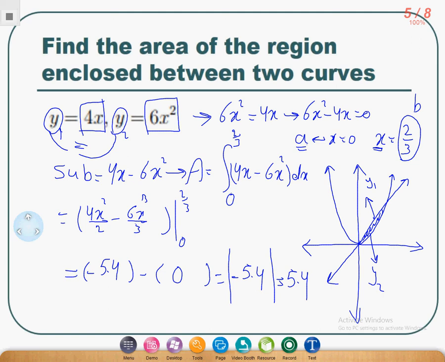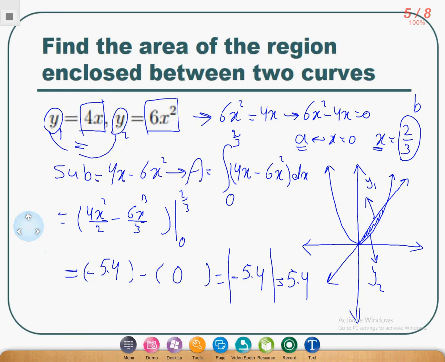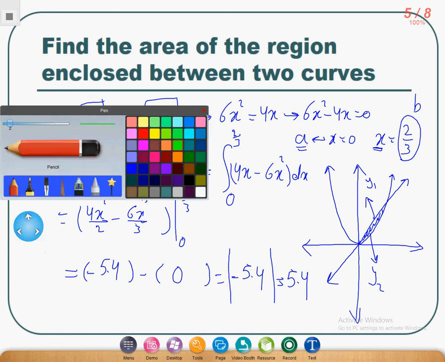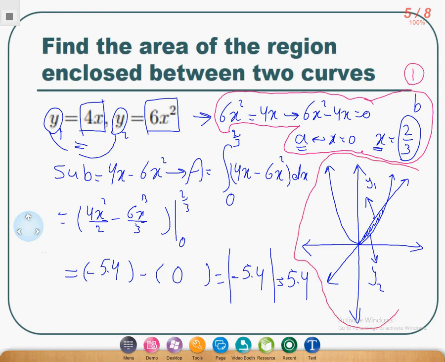Put them equal to each other, and after that, find A and B. Second step, this is step number 1, here step number 2, here step number 3, here 4.